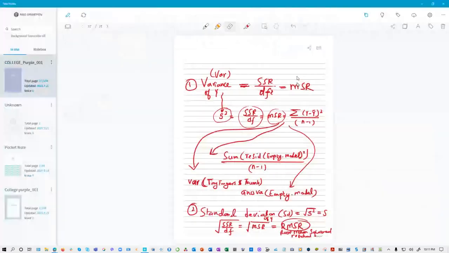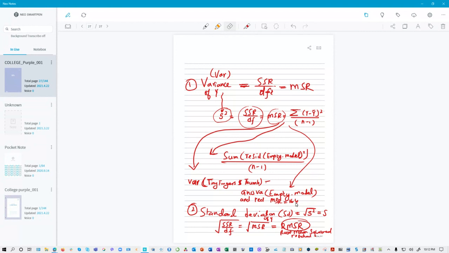It's the same thing. How do you get the mean squared residual? By running the ANOVA table and reading the mean squared residual, which is 16.4.